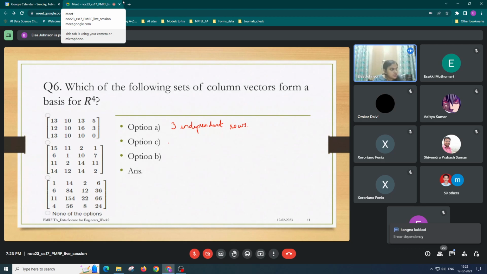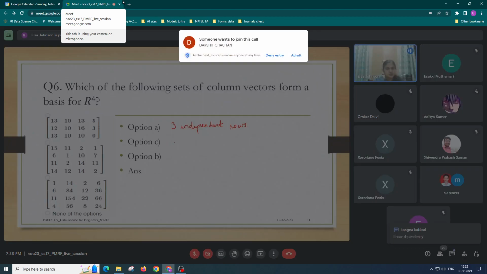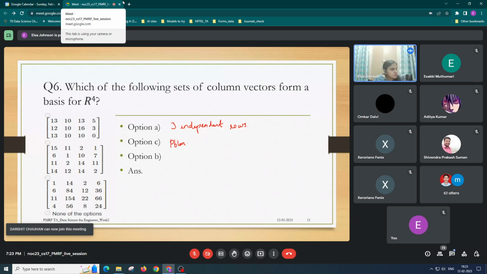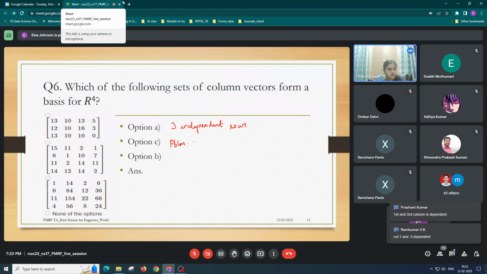Yeah, Soundarya, that's right. Yeah, there is dependency. So in the second one, the problem is, okay, Isha, you look here. Option C has a problem because what is there? Yeah. Who has raised a hand? Okay, you can speak up.